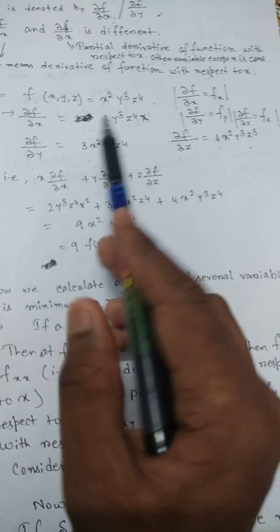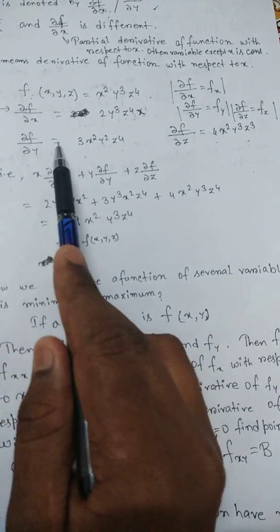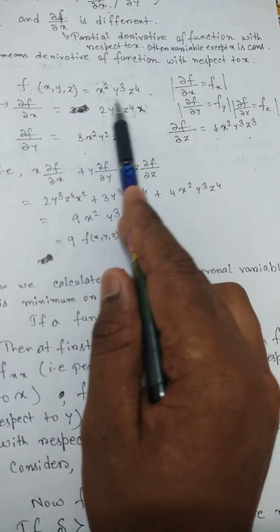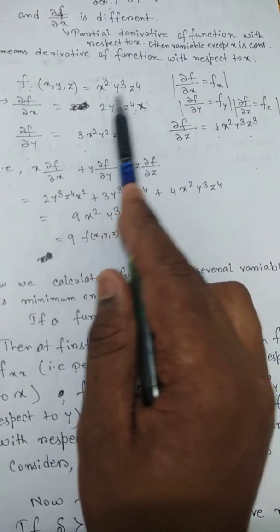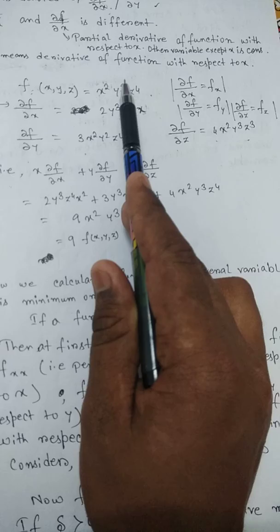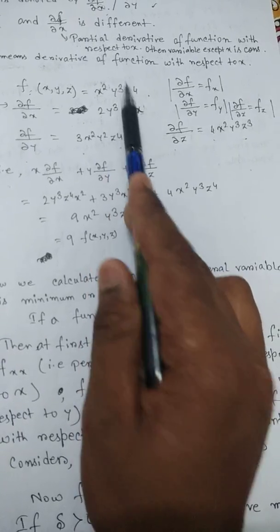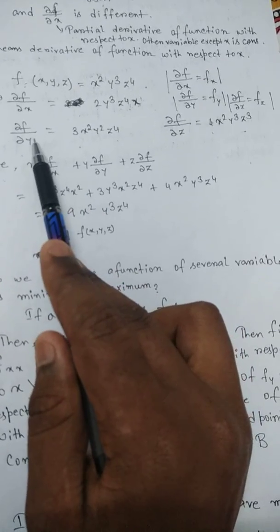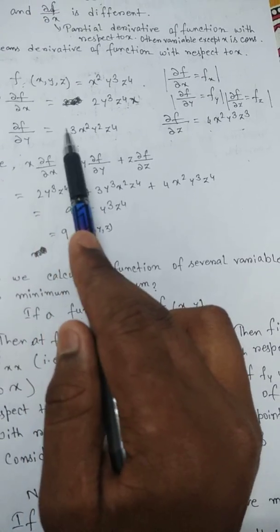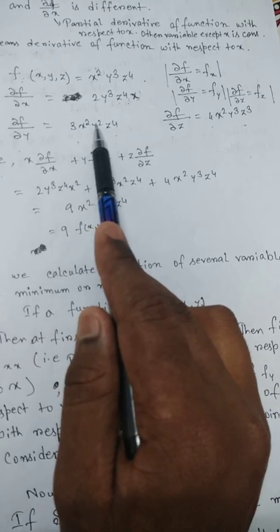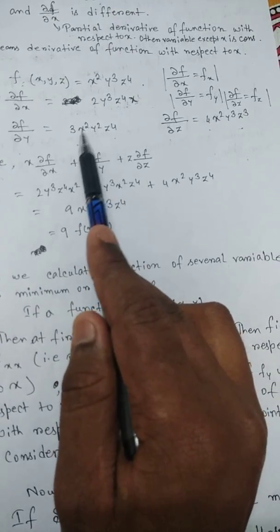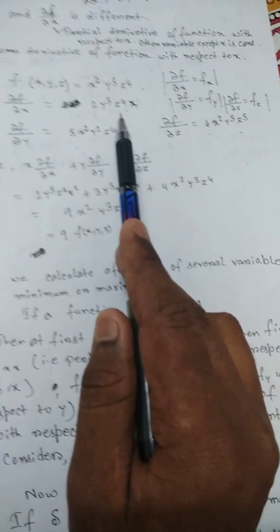Now del f del y is equal to, these are the constants, and the derivative occurs only in the y function, that is y cube. So the derivative of y cube with respect to y is equal to 3y square x square z to the power 4.